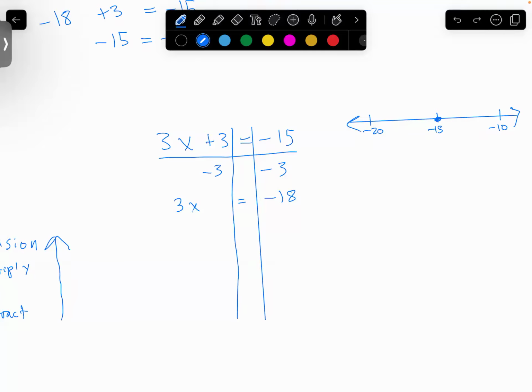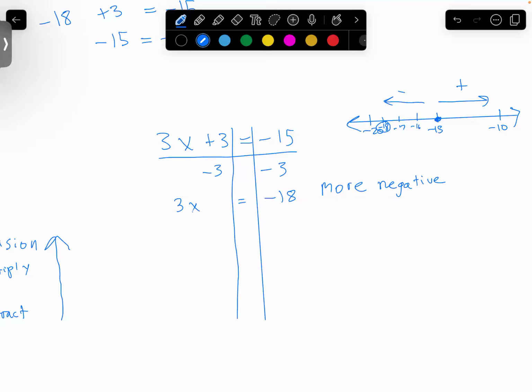If we were to add 3, we would be going this way. So this way is add, this way is subtract. So subtracting by 3, it becomes negative 16, negative 17, and negative 18. So negative 15 minus 3 is negative 18 because we are making it more negative.